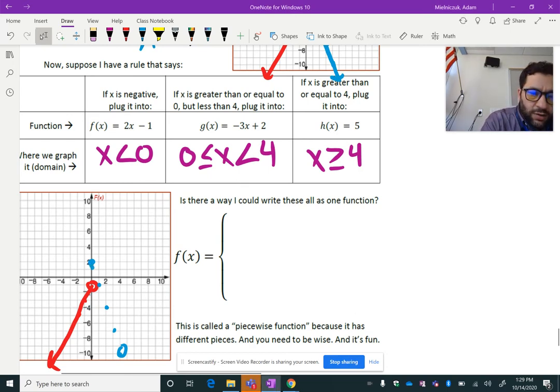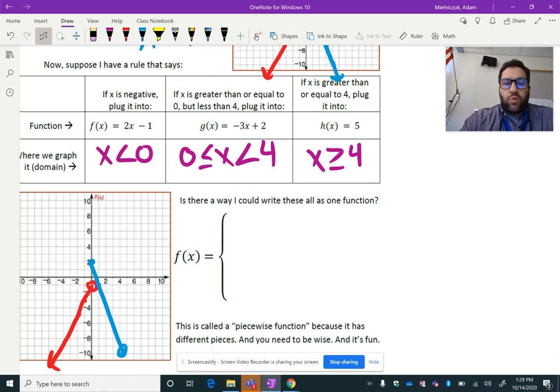And now we're going to go down this way from here to here. And for our last one, for anything greater than or equal to 4, we're going to graph that last one, which was just at 5. So we're going to go up to 5, color it in, and everything to the right.